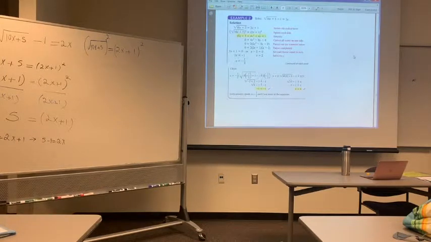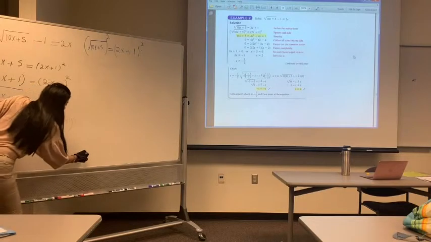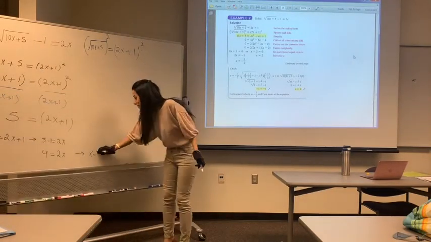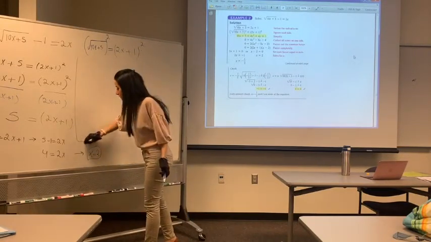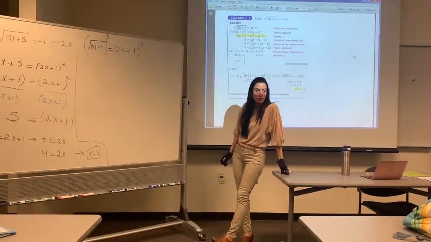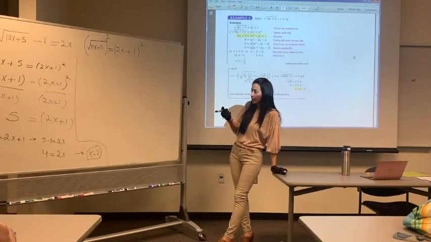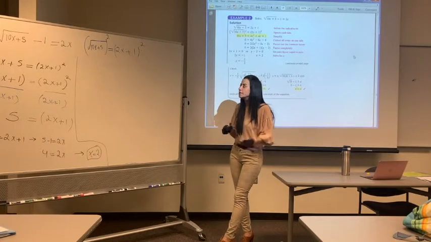Correct? 5 minus 1 is equal to 2x, so 2x is equal to 4. So x is equal to 2. This just came to my mind because I thought, if I bring out 5, I will have the same thing on both sides and I can cancel out.